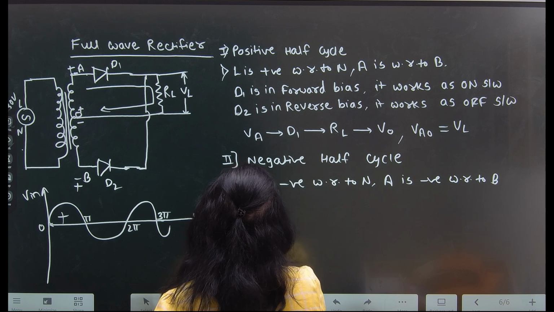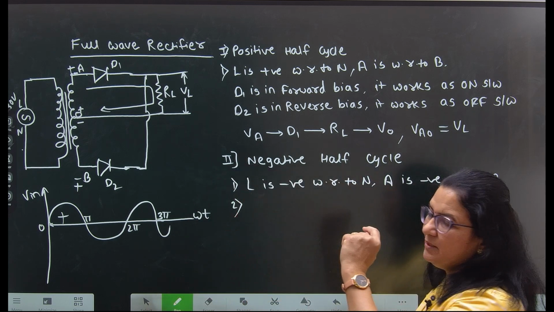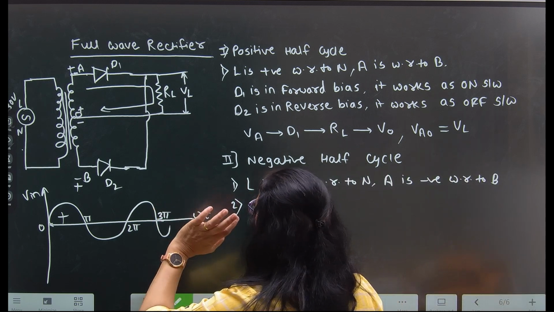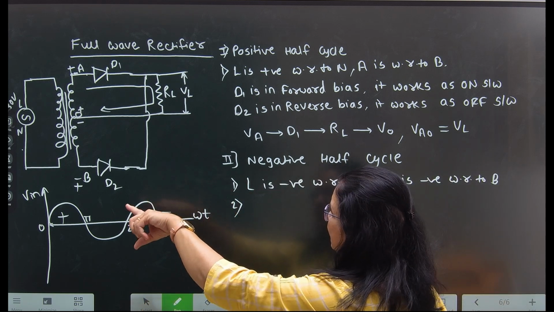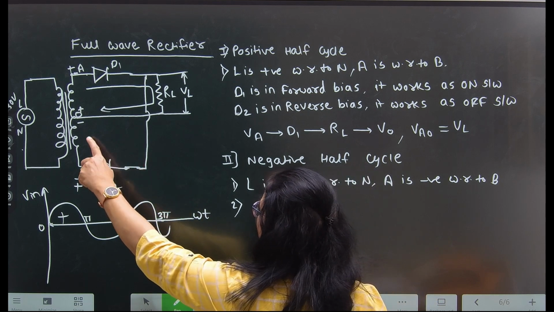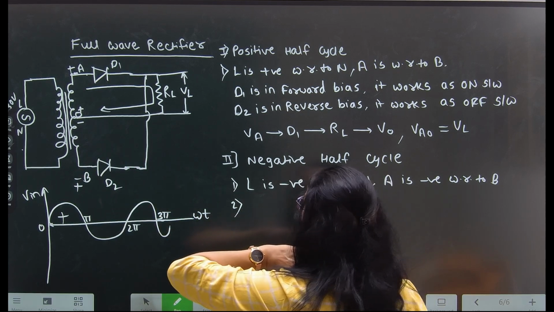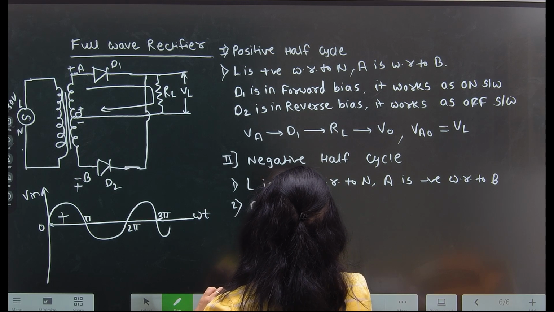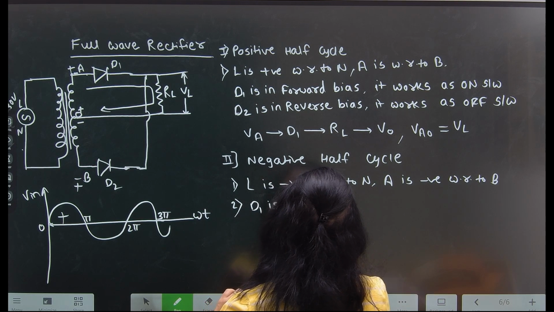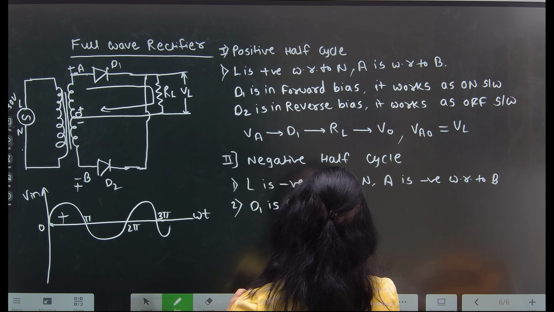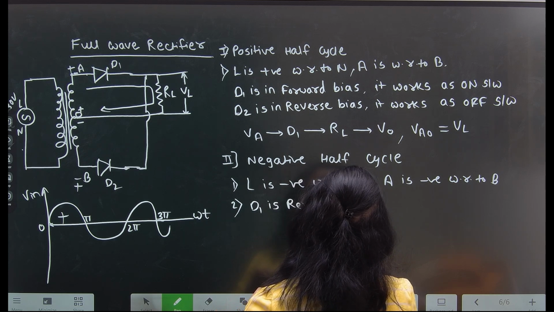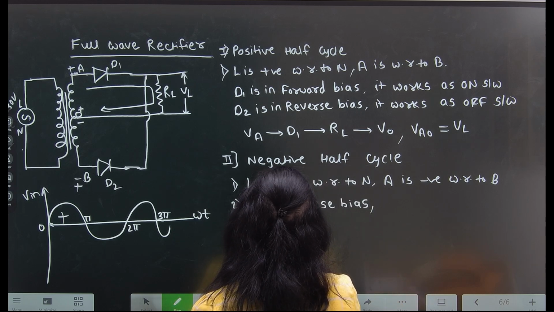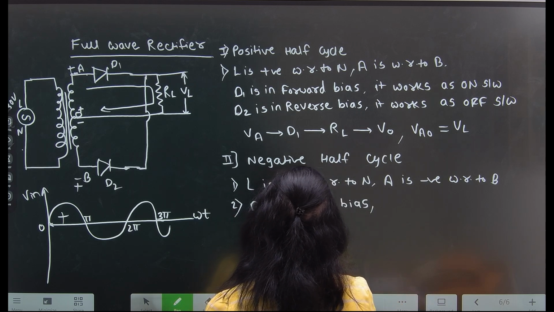If L is negative with respect to N, then A is negative with respect to B, and the opposite for O. O is negative on the lower side and O is positive on the upper side. So diode D1 is in reverse bias and diode D2 is in forward bias.